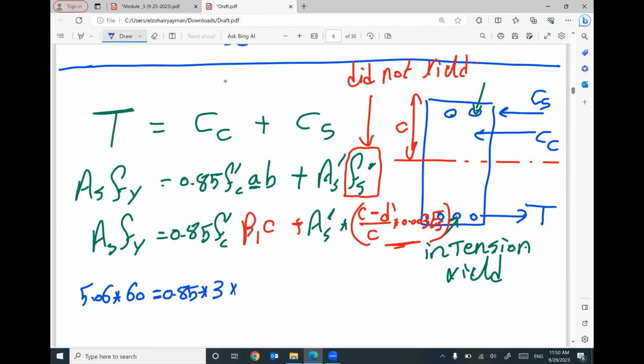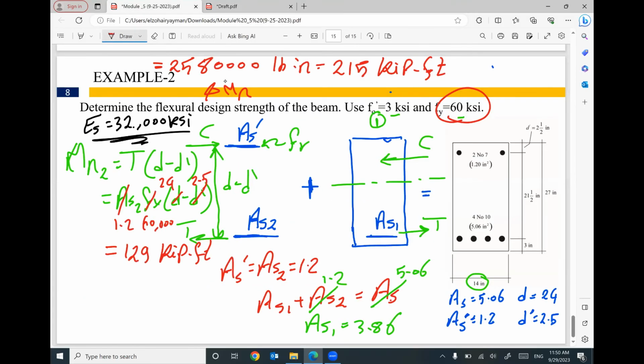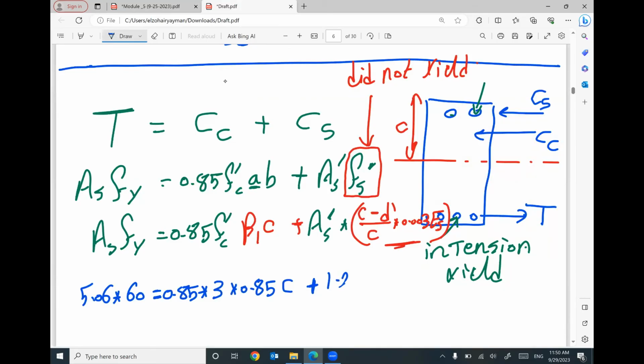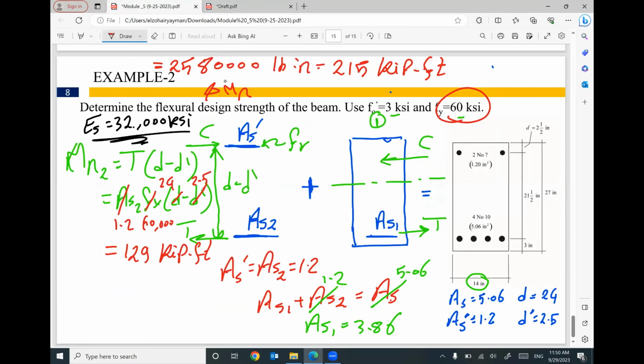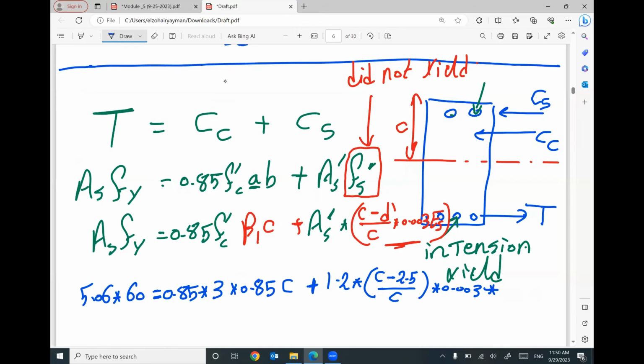Beta 1 is 0.85 times C. Plus area of steel prime, in this problem, area of steel prime equals 1.2. Your C, I don't know. Your D prime 2.5 divided by C times 0.003 times E steel, which is given as 32,000 in this problem.